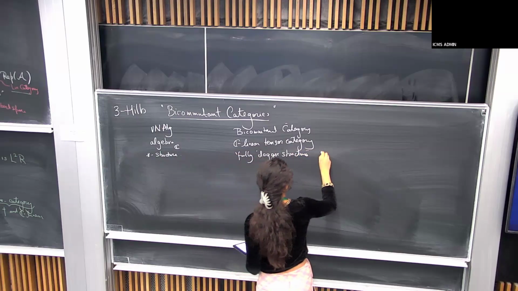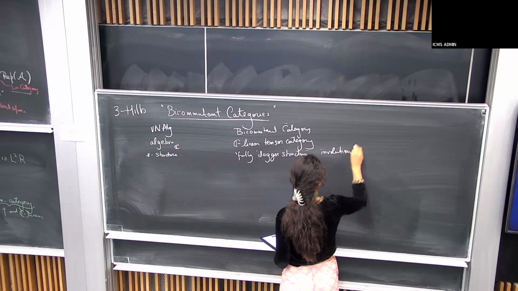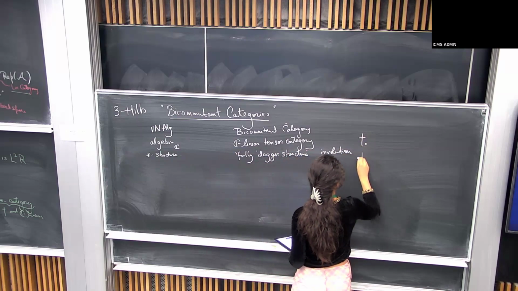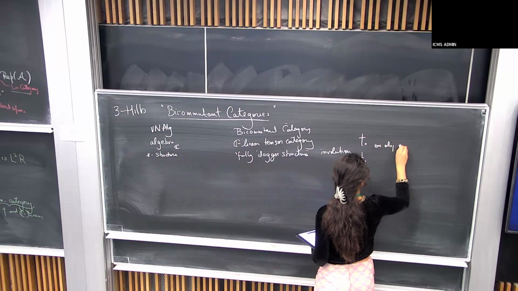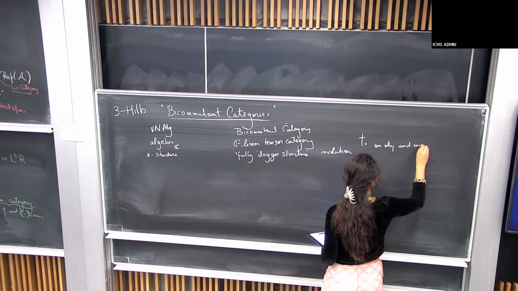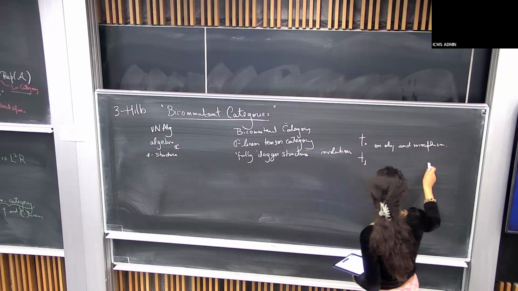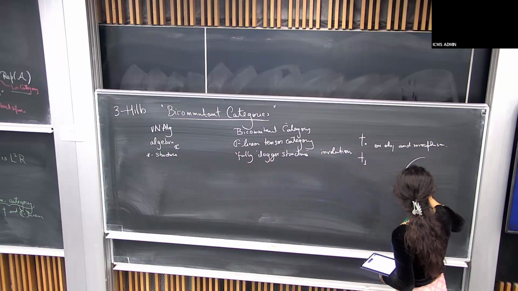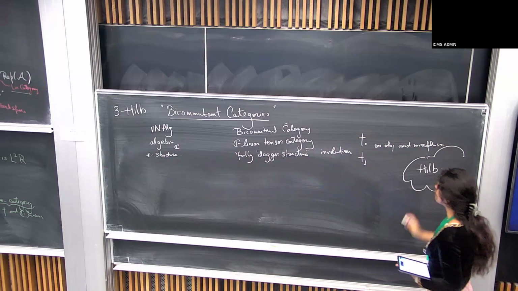So I have involutions dagger 0 and dagger 1 on objects and morphisms. The example I want you to think of is just Hilb, the category of Hilbert spaces.